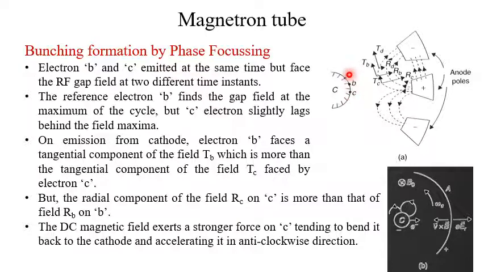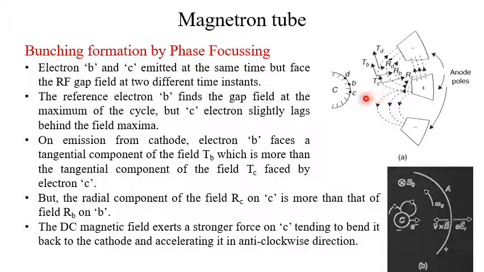consider these electrons B and C emitted at the same time, but face the RF gap field at two different time instants. The reference electron B finds the gap field at the maximum of the cycle, but C electron slightly lags behind the field maximum.